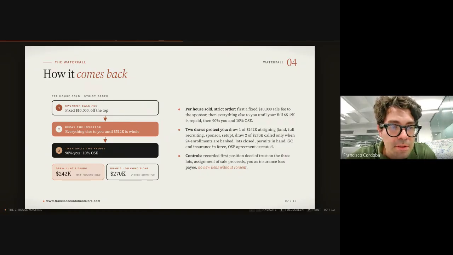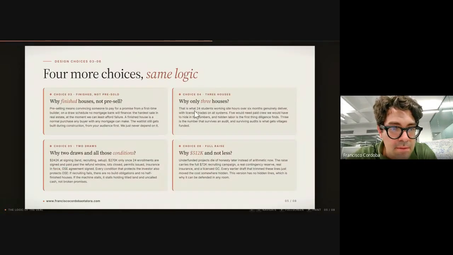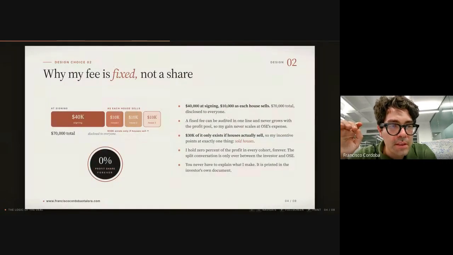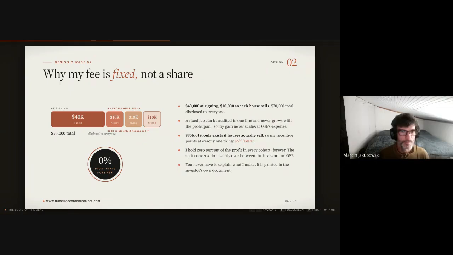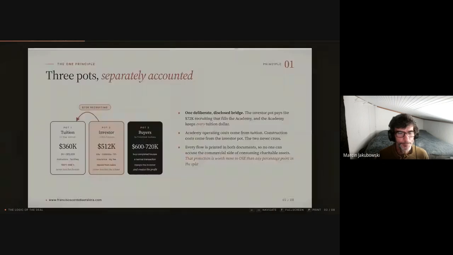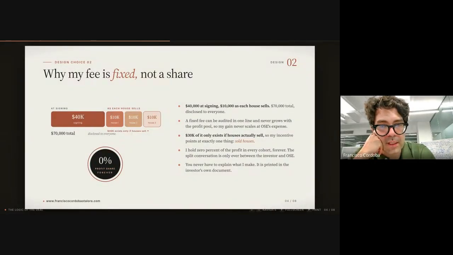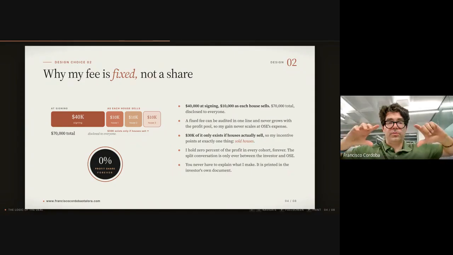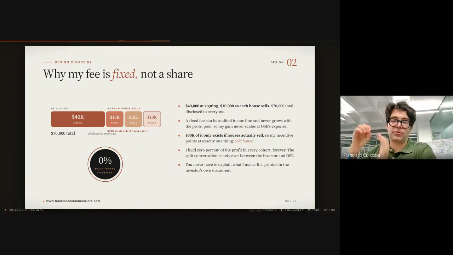Okay, let me check here 1 second. Okay, I also put why my fee is fixed in this model. Like what I call the fee. Yeah, I always think of it as the signing fee. Because I also plan to make a fee for creating this model, but also after each house is sold, depending on how much it is sold for.